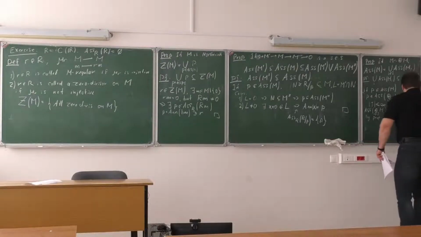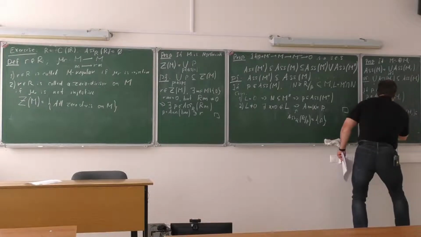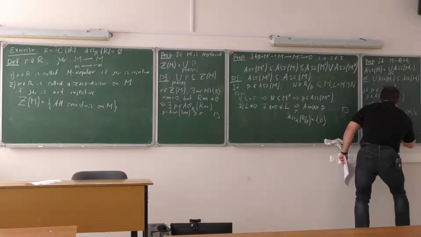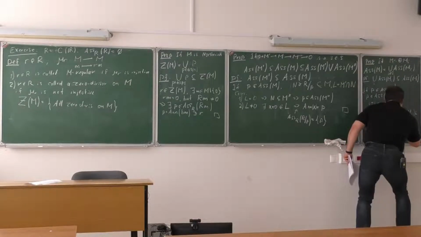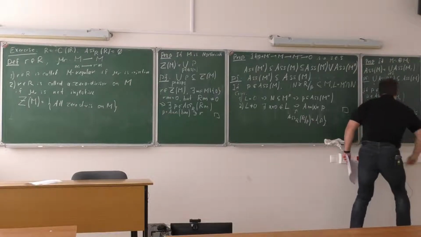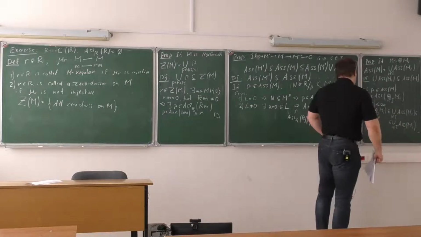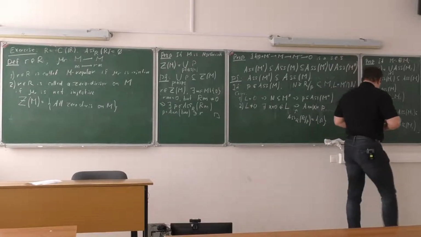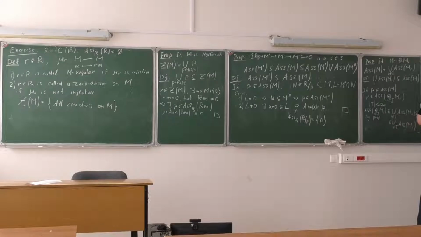Well, first of all, we can immediately see that since this is just a finite union, this belongs to the infinite union. Oh yeah, so I think we're done here with this observation.